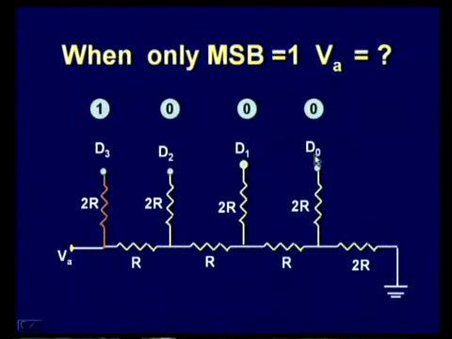Here, starting from D0 to D3, D0 is the least significant bit and D3 is the most significant bit. If only D3 is high and others are low, then what will be the analog output value VA? That we shall see.